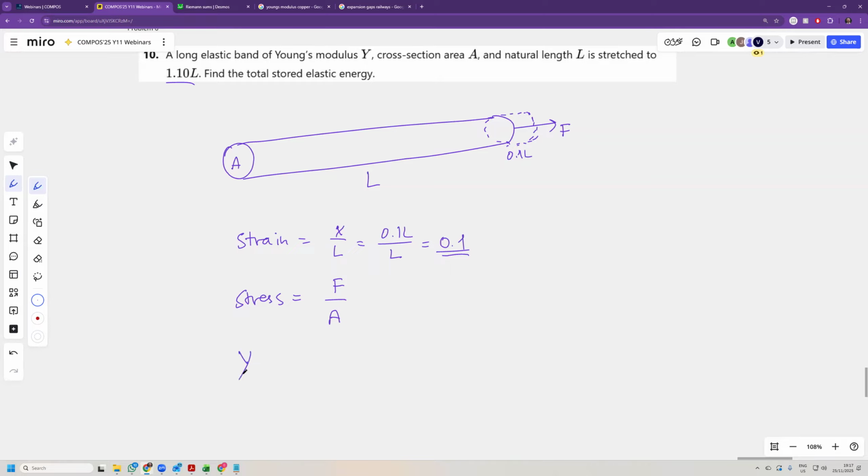And the Young's modulus, we know that it is stress over strain. So we have F divided by A, divided by the strain, which is 0.1. So it's F divided by 0.1 A.